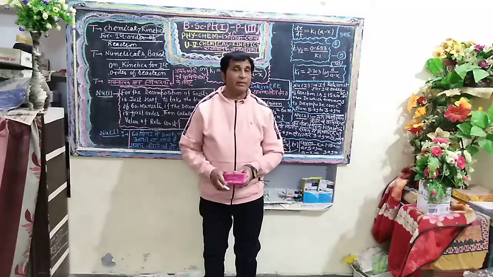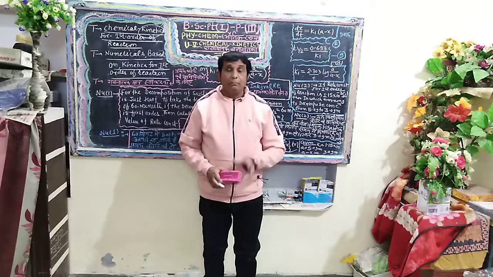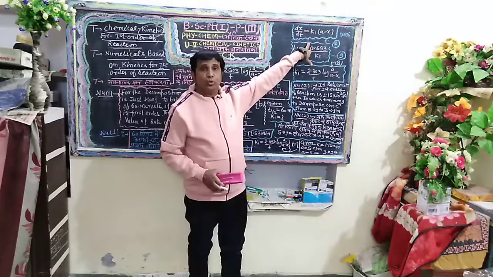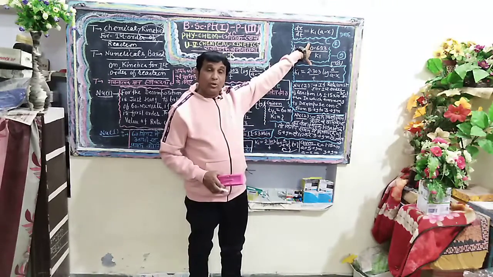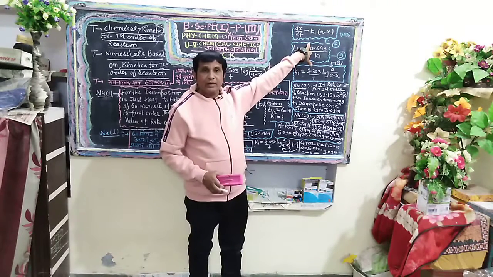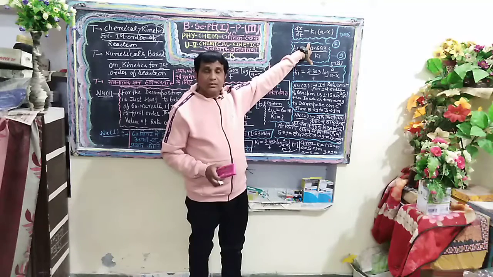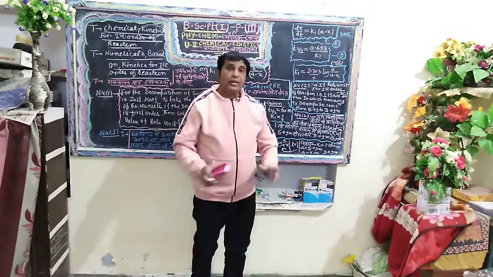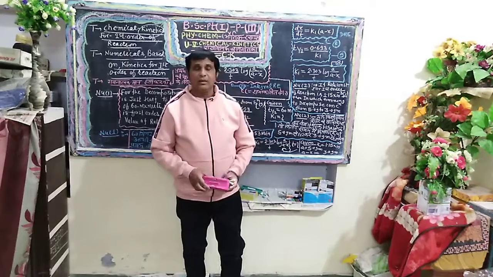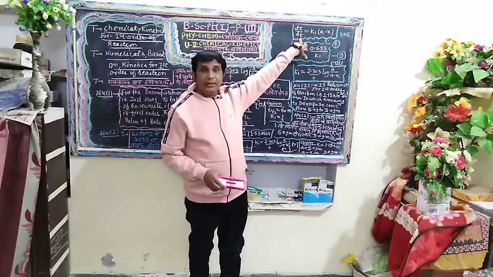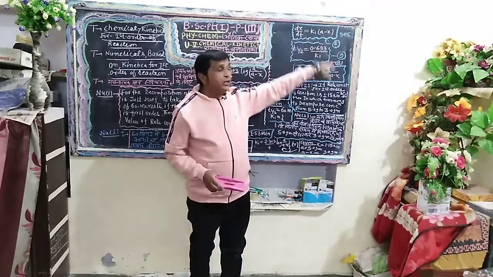By applying the fundamental principle of the Guldberg and Waage law, we derived equation number 2, which is known as the differential rate equation: dx/dt = k1(a - x).